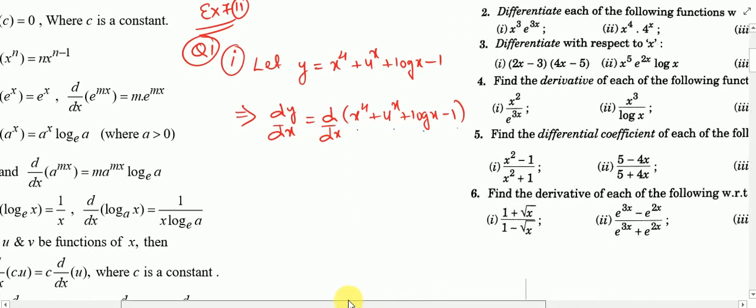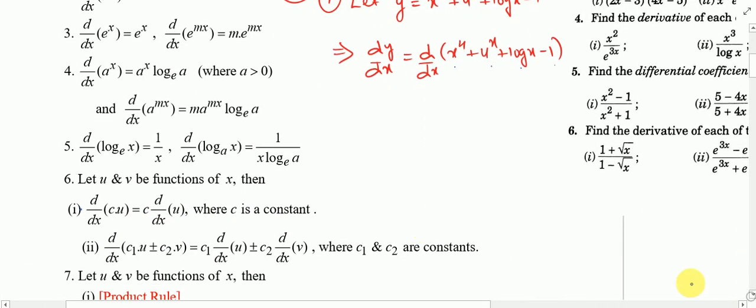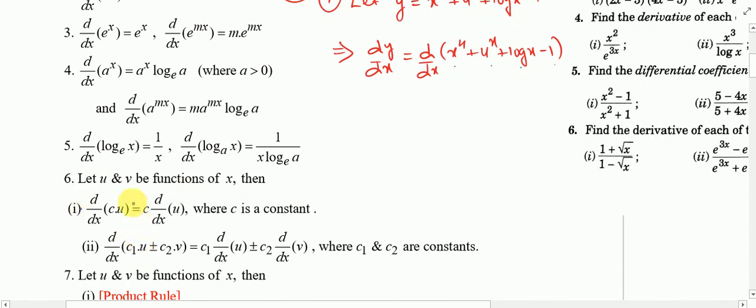We have seen that if you have two functions or more than two functions like this, then you can write them separately. So in this question we have to use that only.